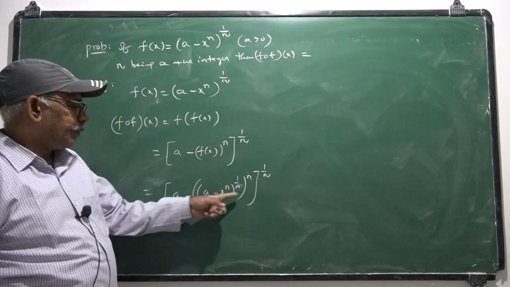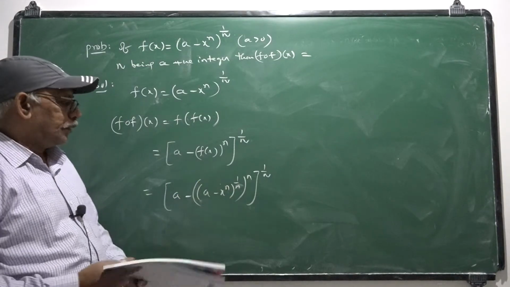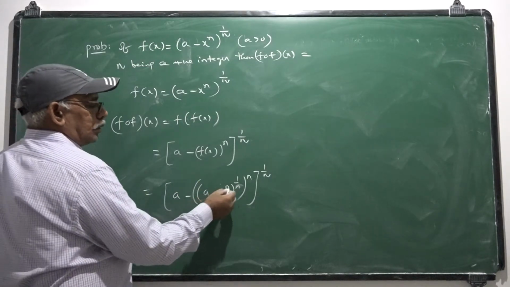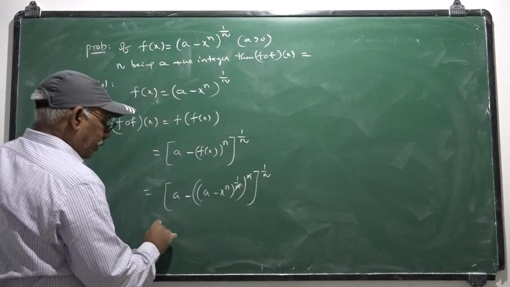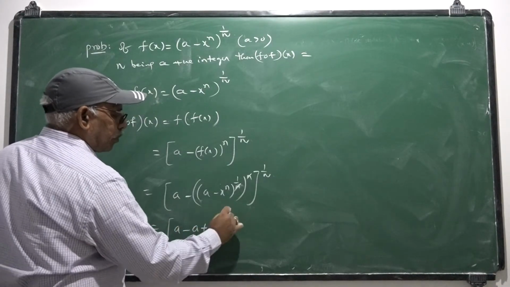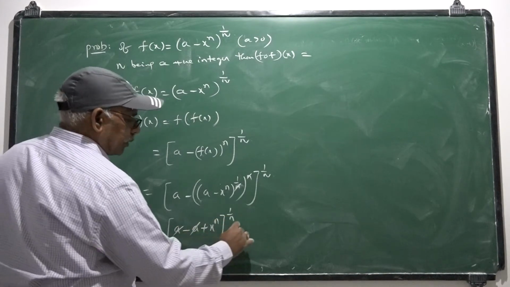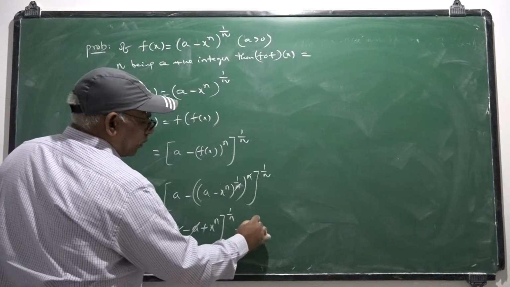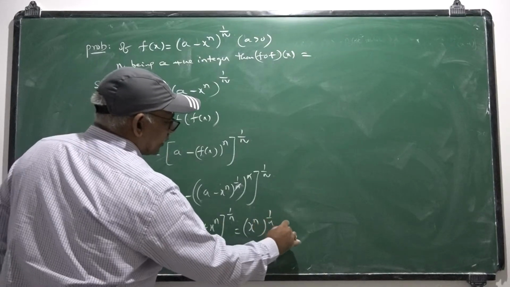Now this n cancels, so that we get (a minus a plus x power n) whole power 1 by n. A cancels. (x power n) whole power 1 by n, that is x itself.